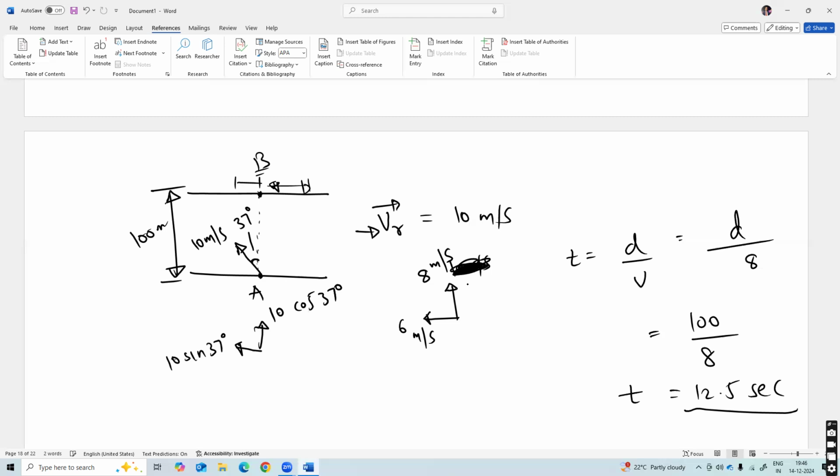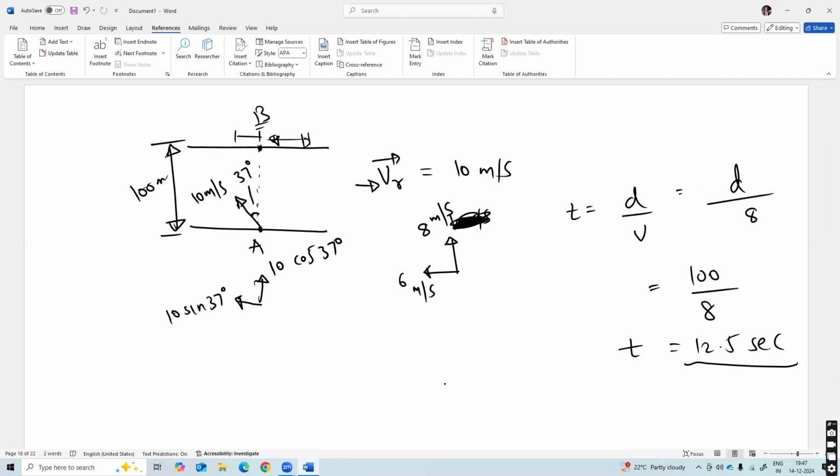Now we have to find out x, so the net velocity in x direction. It is the velocity of the river plus the velocity of the man in x direction.